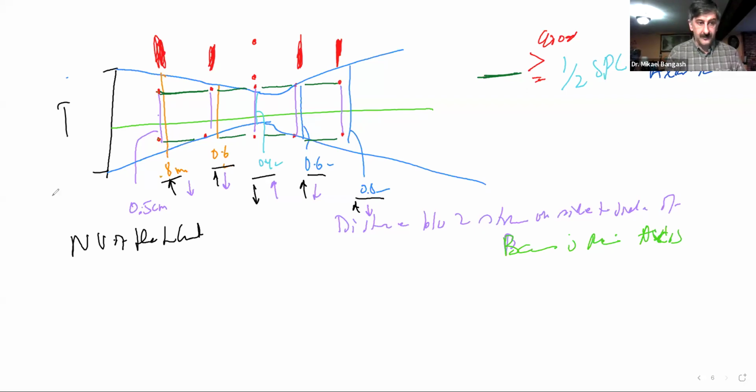Whereas if it was the opposite, that the spatial pulse length was greater than the distance between the structures, then that would give us a poor axial resolution.